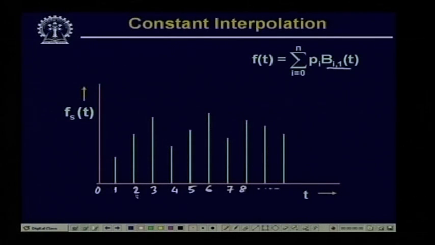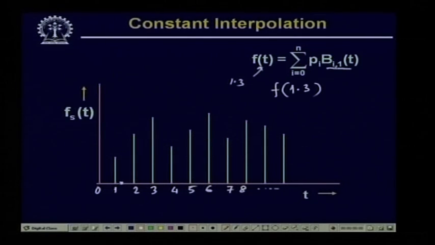Now, if I want to find f(1.3), it should lie somewhere here. To find this f(1.3), I have to evaluate f(t) by putting t equal to 1.3, where f(t) is given by the expression Σ p_i B_{i,1}(t), with i varying from 0 to n.